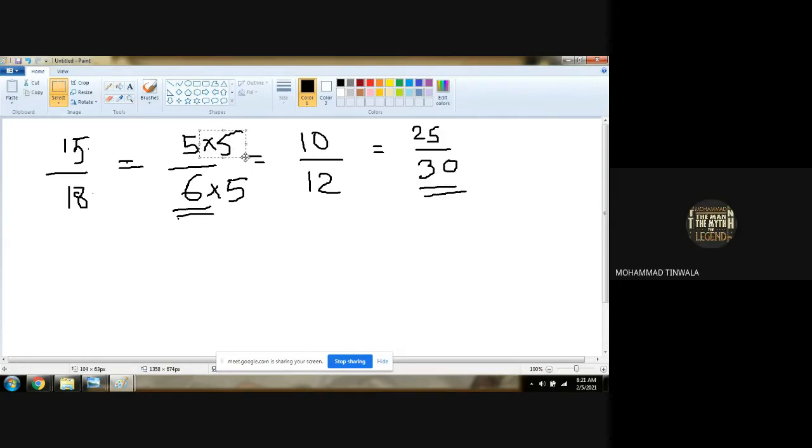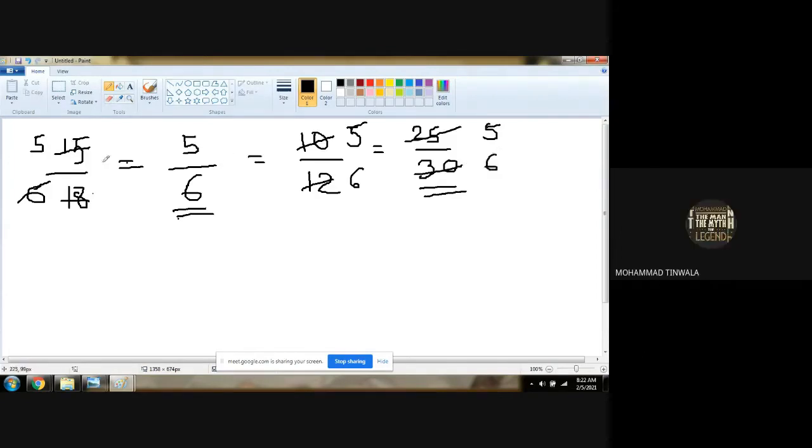What we did here? So exactly what are the equivalent fractions? Yes, these all are equivalent fractions. If you divide all of them, 5 upon 6 only comes. 3 5s are 15, 3 6s are 18, 5 upon 6 came. 2 5s are 10, 2 6s are 12, 5 upon 6 came. 5 5s are 25, 5 6s are 30.